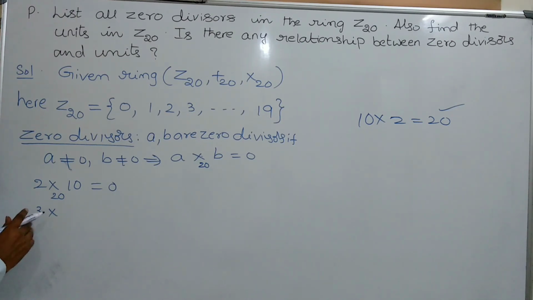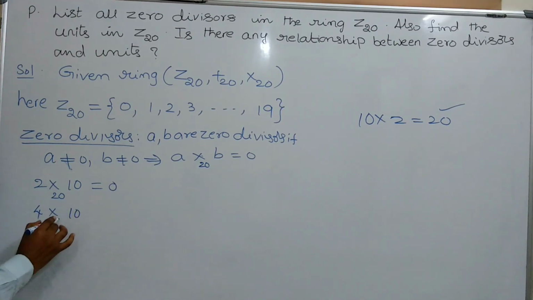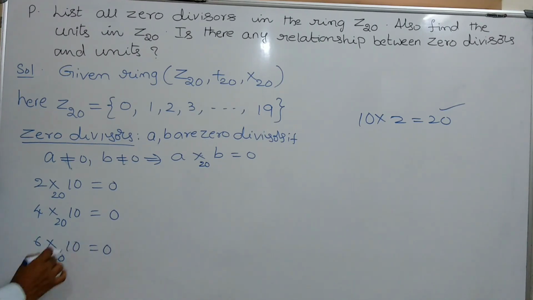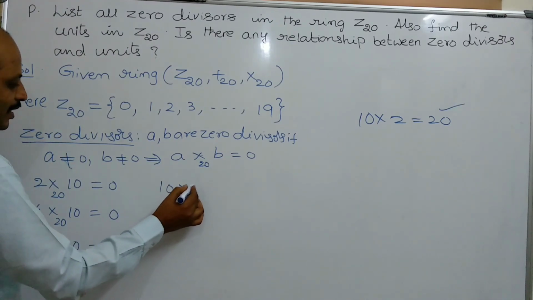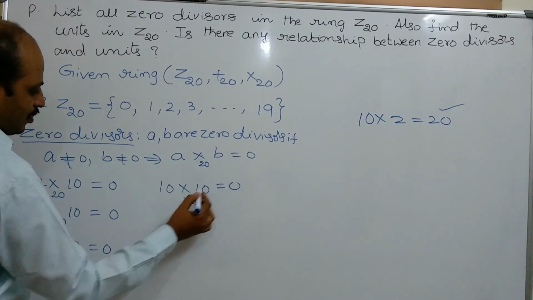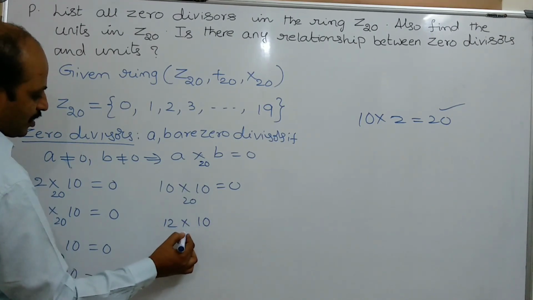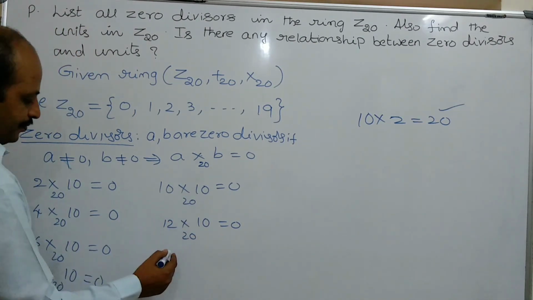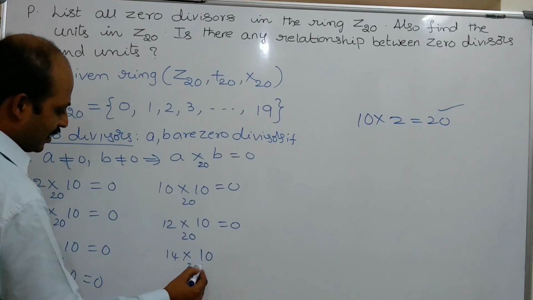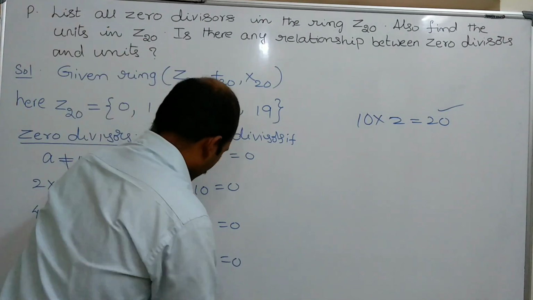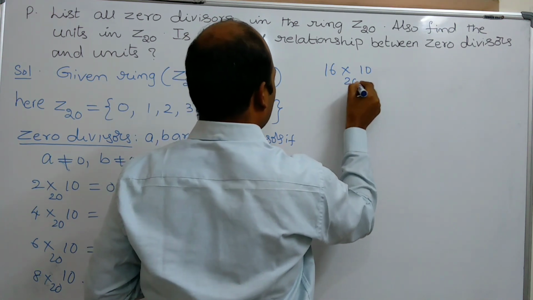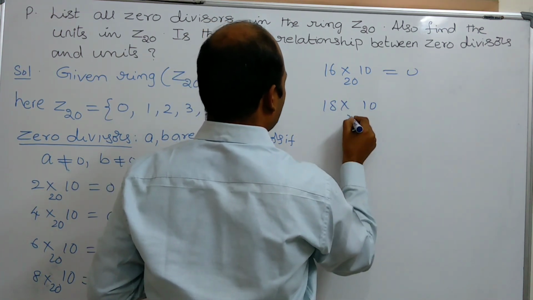And then 4 into 10 modulo 20 is 0. 6 into 10 modulo 20, 0. 8 into 10 modulo 20, 0. 10 into 10 modulo 20, 0. 12 into 10 modulo 20, 0. 14 into 10 modulo 20, 0. 16 into 10 modulo 20, 0. 18 into 10 modulo 20, 0.